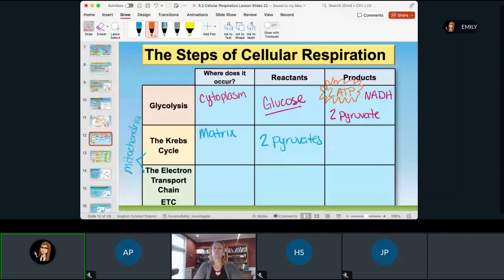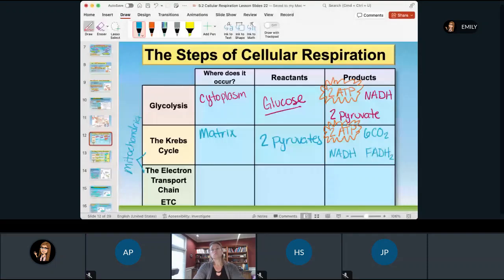So the biggest thing is I get 2 ATP. I get 6 carbon dioxides, so I get 6 CO2. I get some NADH, and I get some FADH2s.